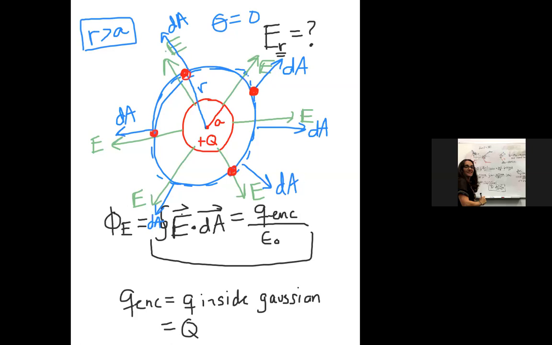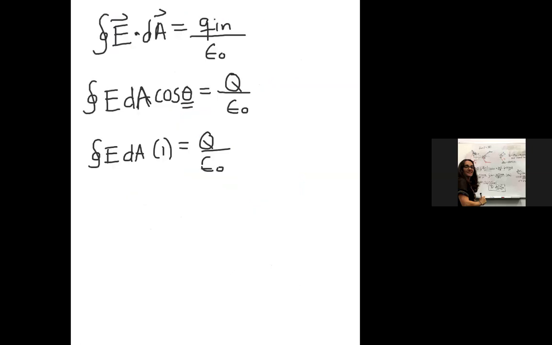No. They're all equidistant, right? And the E field is going to be the same as long as you're at the same distance. So the E field doesn't change, so it can come out of the integral.